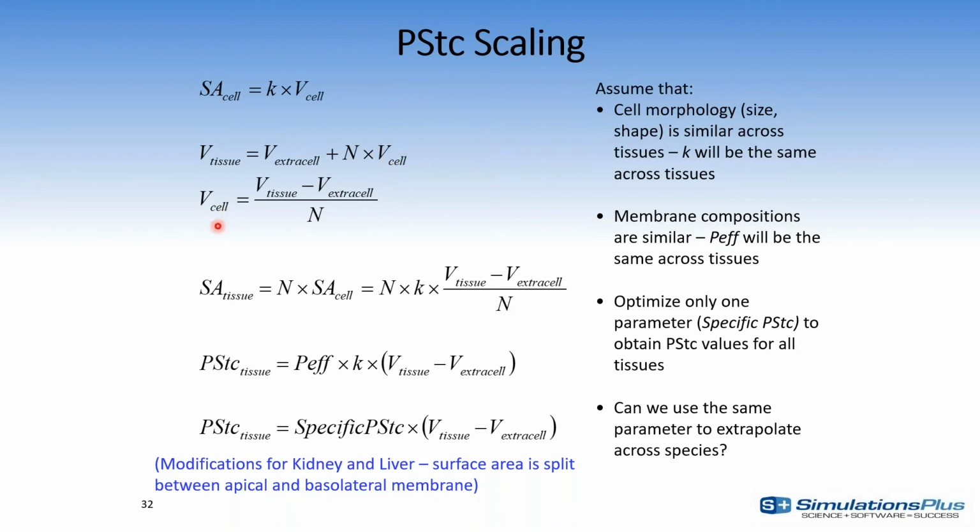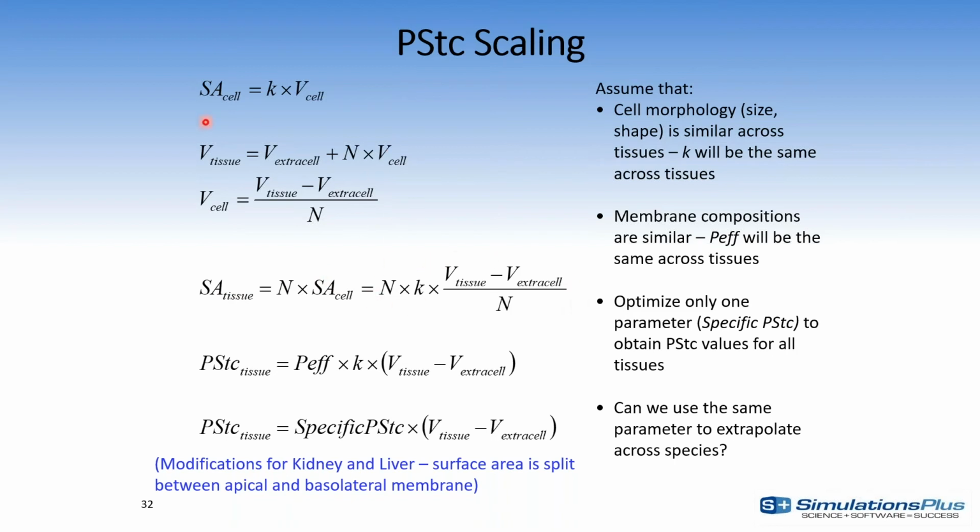And then the volume of the cells in that whole tissue can be calculated. For each individual cell, the volume can be calculated as the volume of the tissue minus the volume of the extracellular space, divided by the number of cells in that tissue. Finally, the surface area can be calculated as N times the surface area of each of the cells.